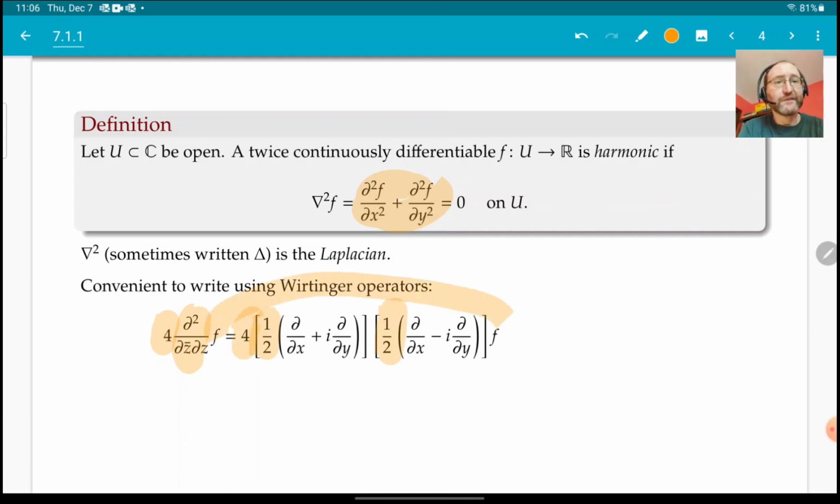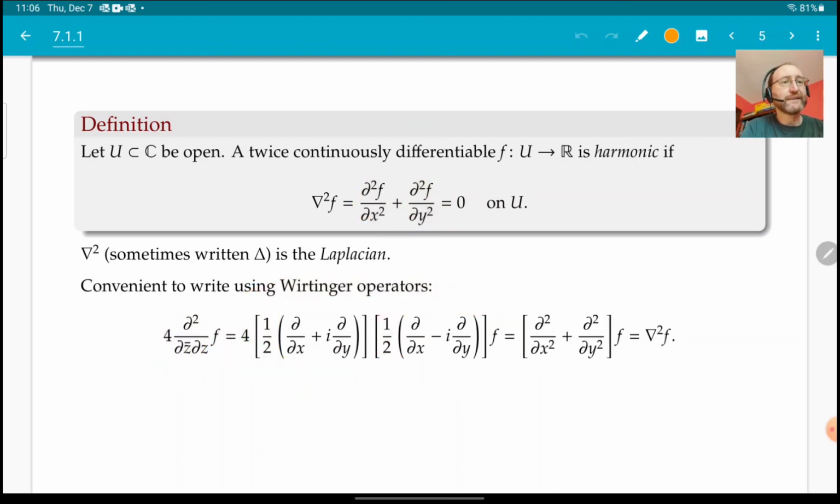And if you work it out, because it is plus and minus, the cross terms cancel out. The 4 cancels out the halves. You get precisely the Laplacian. So this is another way of writing the Laplacian. And again, the 4 doesn't matter because we're looking at where this is 0.